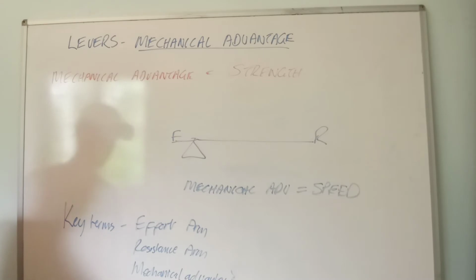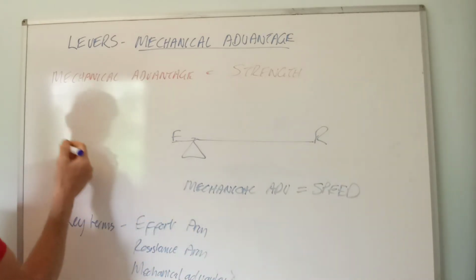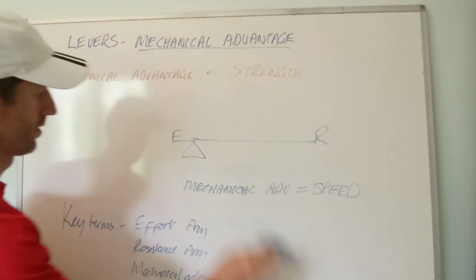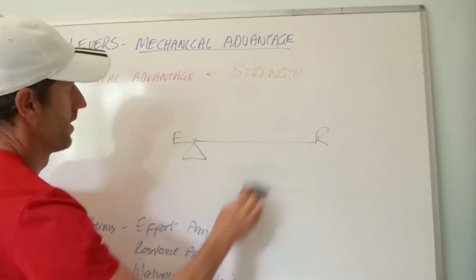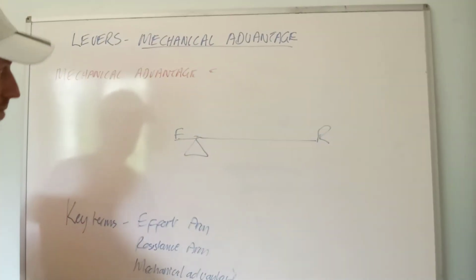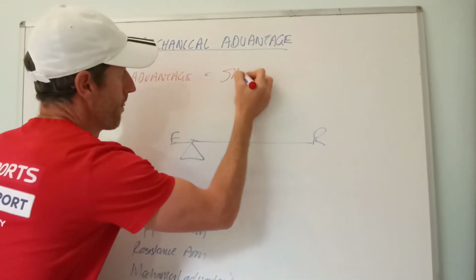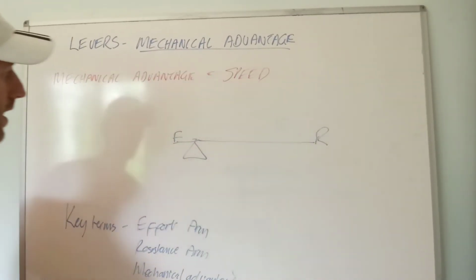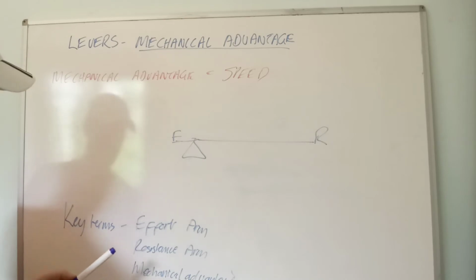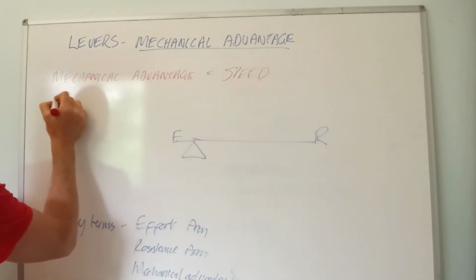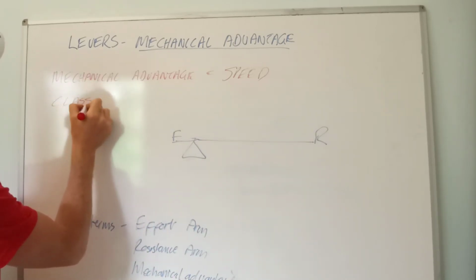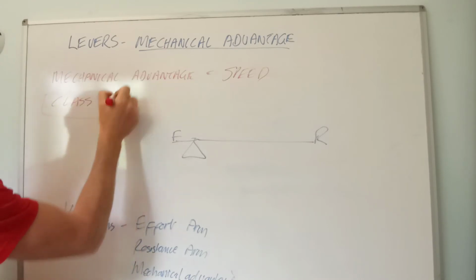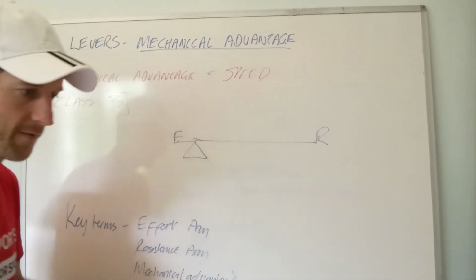Why? An example in the body where you'll find this is your class 3. So most of your levers in your body, we're designed for speed.